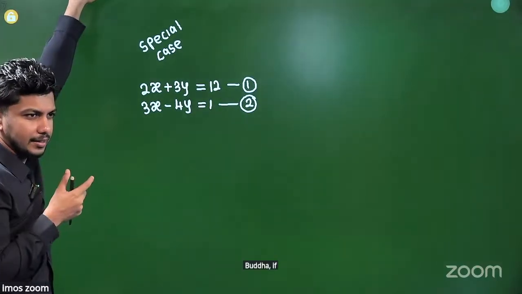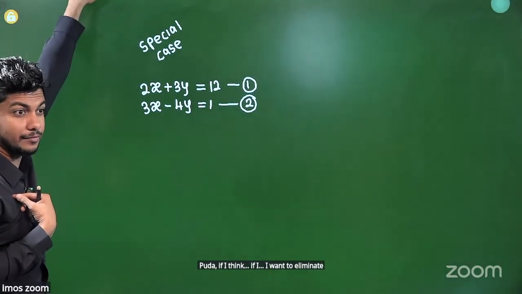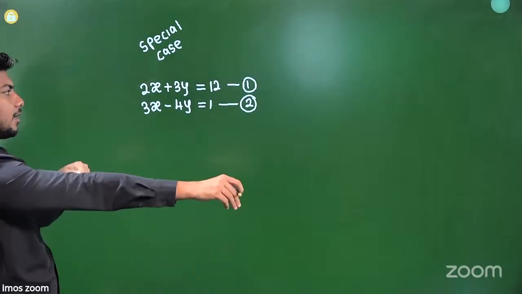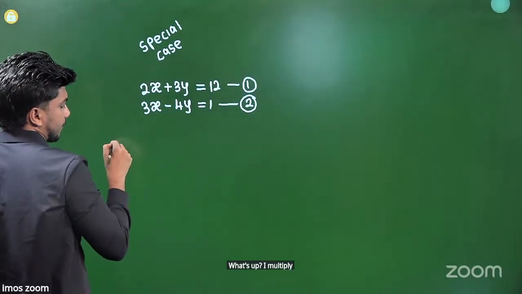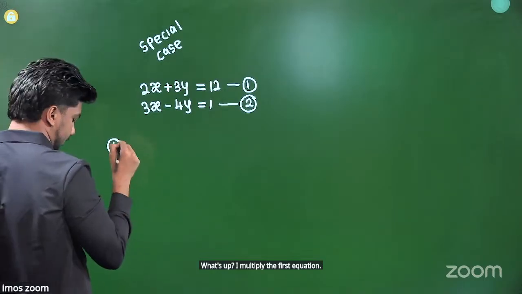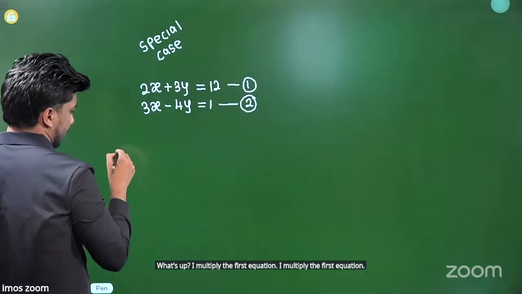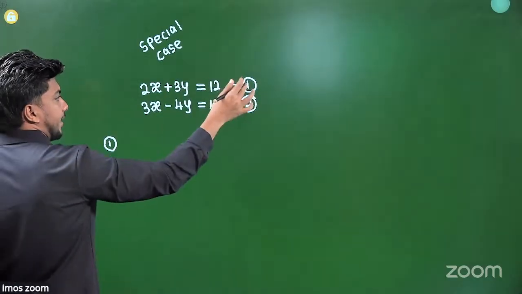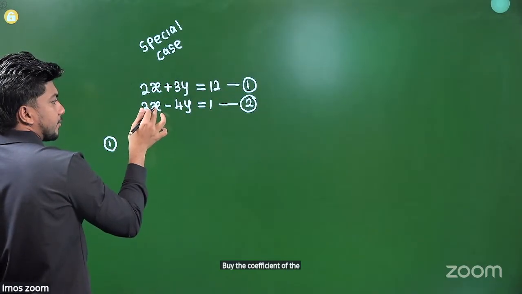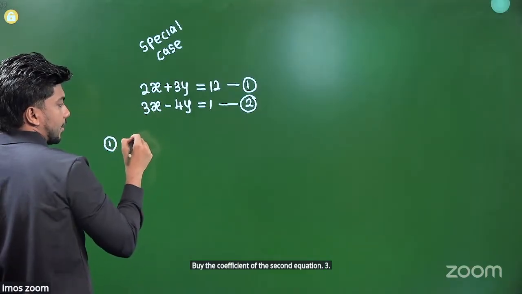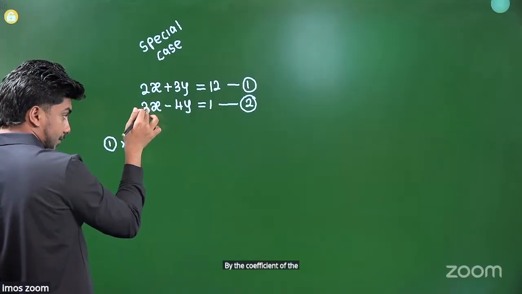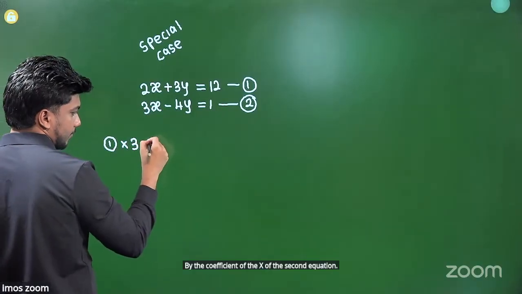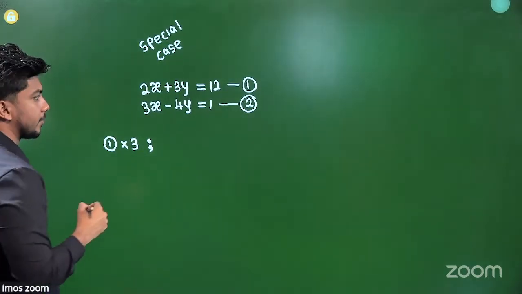If I want to eliminate x and find y first, I multiply the first equation by the coefficient of x of the second equation, 3.